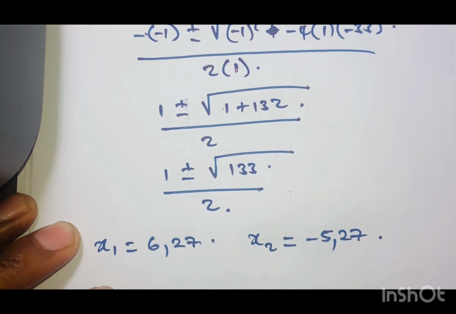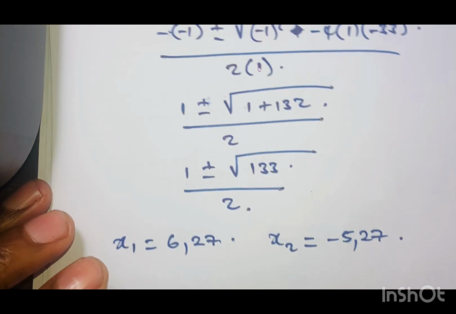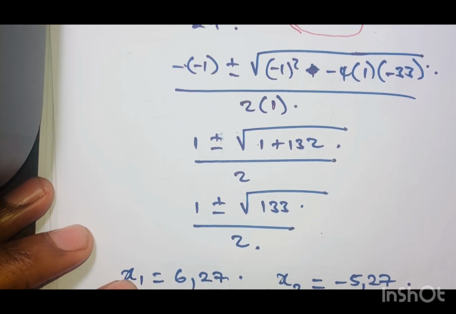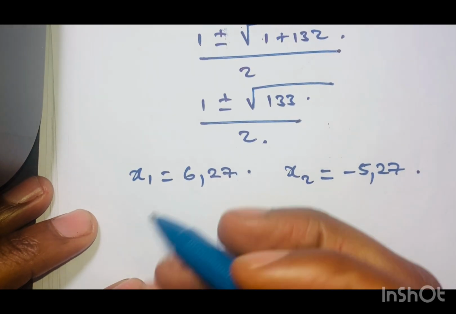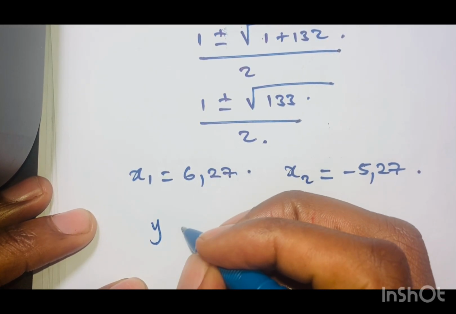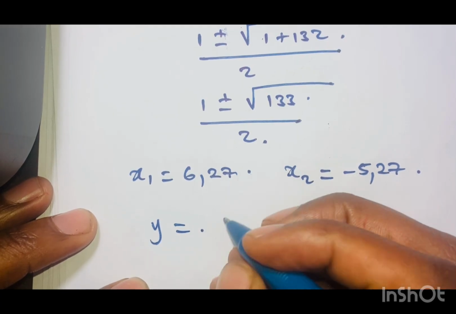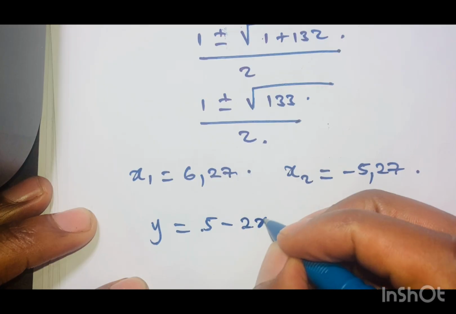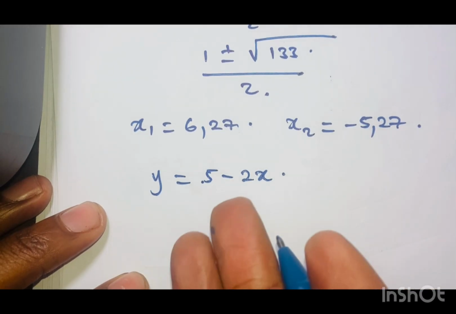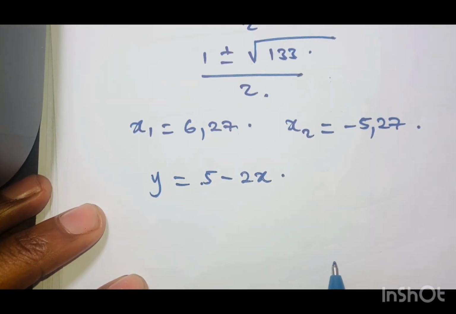So I'll then pick a simple equation to use: y is equivalent to 5 minus 2x from my initial equation, which is the equation of the line mentioned in the question.